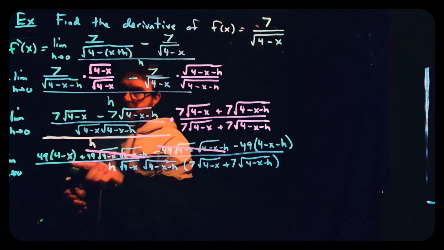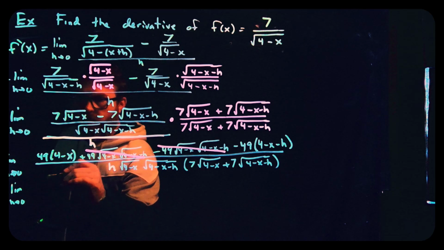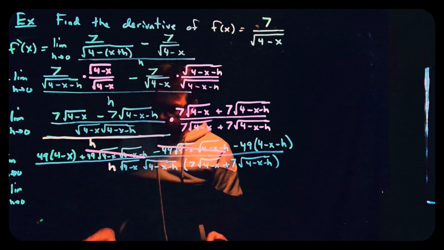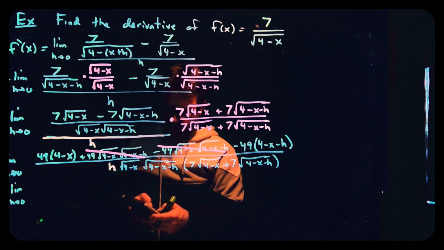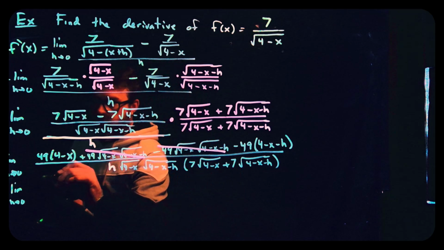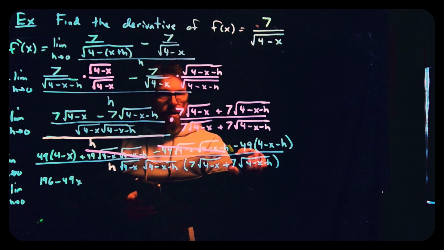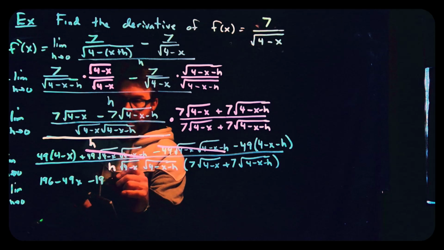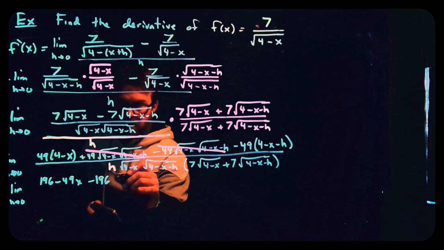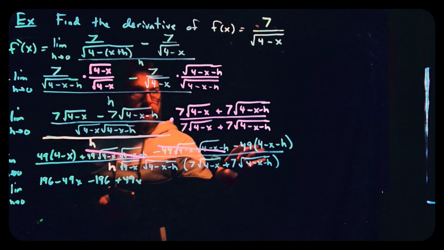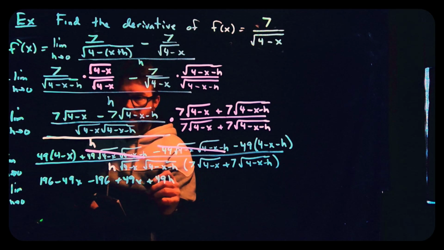And now I can distribute this numerator, so this is going to be the limit as h approaches 0. 49 times 4 is going to be equal to 196 minus 49x. And then over here, I'm going to have a minus 196, and then 49 times negative x is going to be plus 49x, and then negative 49 times negative h is going to be plus 49h.